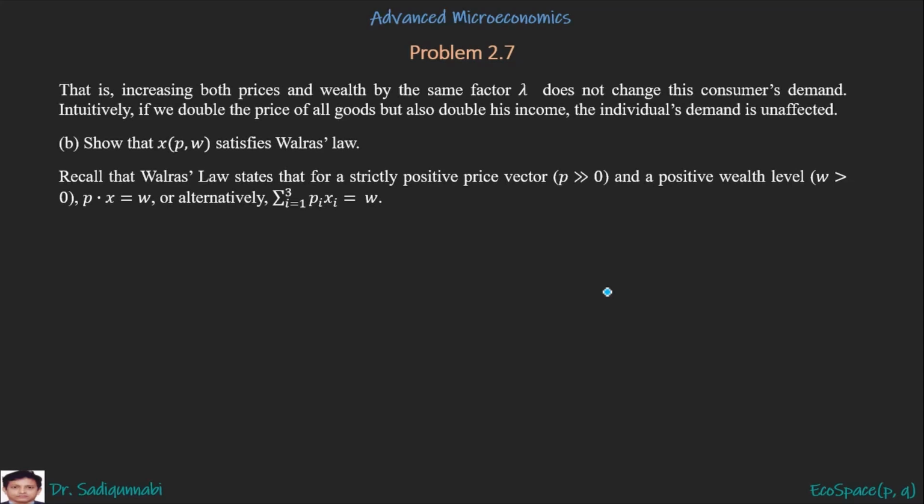Alternatively, that was in dot product, and this is in summation: the sum of price times quantity among the individual goods equals w. So this is the equation for Walras' law.